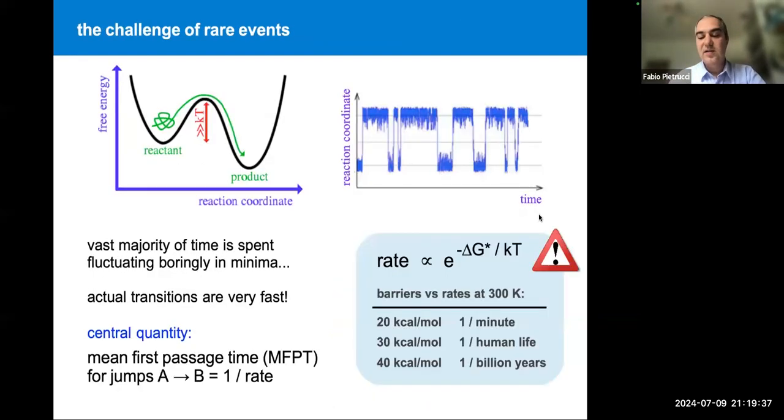Now, it turns out, for obvious reasons, actually, that to simulate this kind of phenomena is very hard. And the reason is simple: because of the barrier, the transition time, the time of the jump, can be very long. And very easily, this time exceeds our computational capabilities.